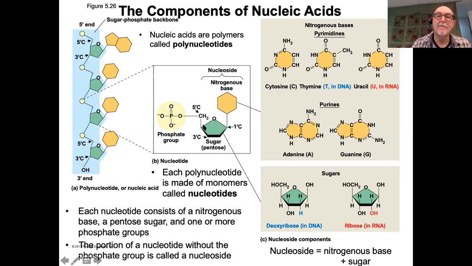Here's the sugar, and very importantly, attached to that sugar in each nucleic acid there is one of 4 nitrogenous bases. Attached to each sugar is one of 4 different nitrogenous bases.